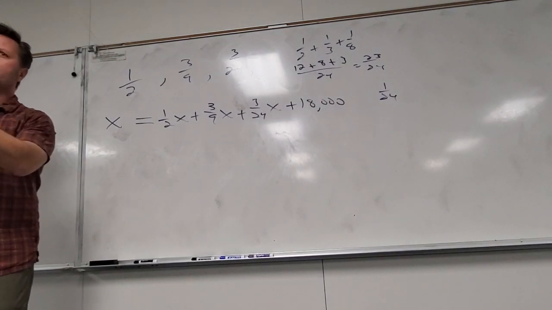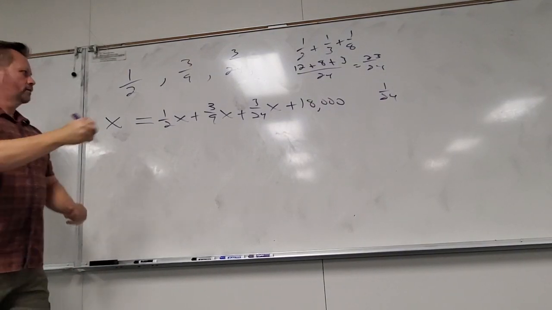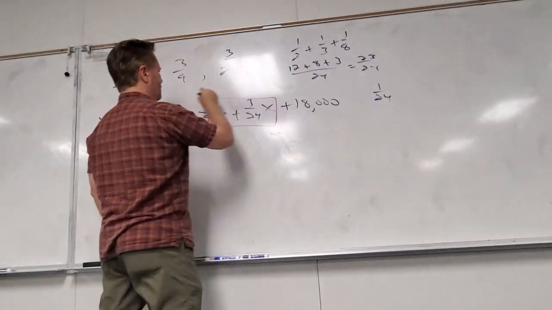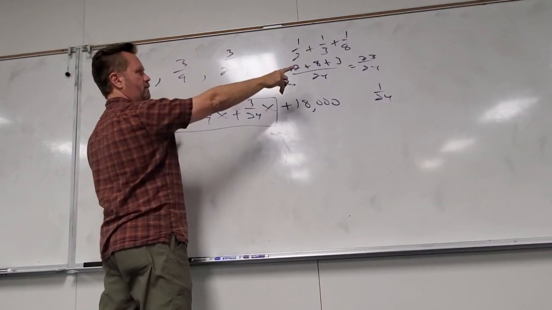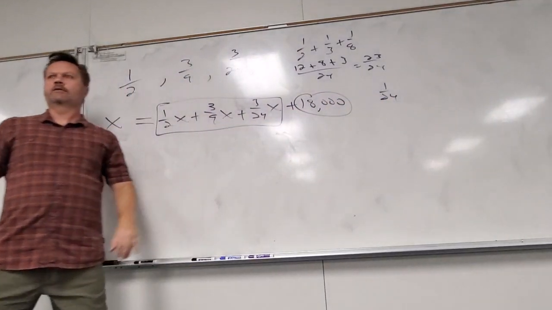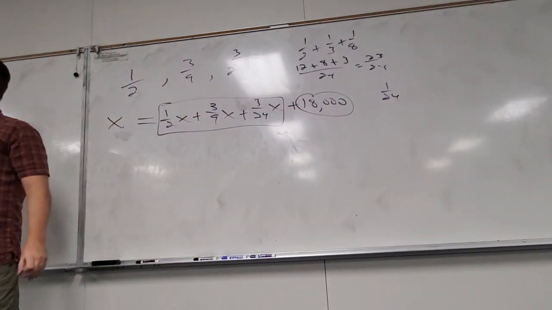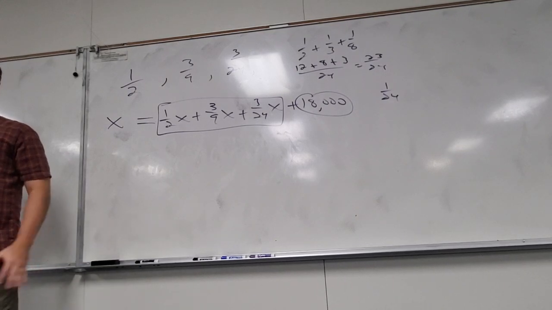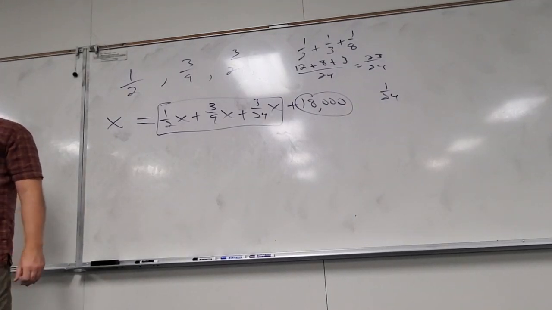You guys semi with me? Does that make sense? This much is 23/24 of the estate, so this must be 1/24 of the estate. So then how do I figure out how much the estate's worth? I just multiply by 24. 18,000 times 24.